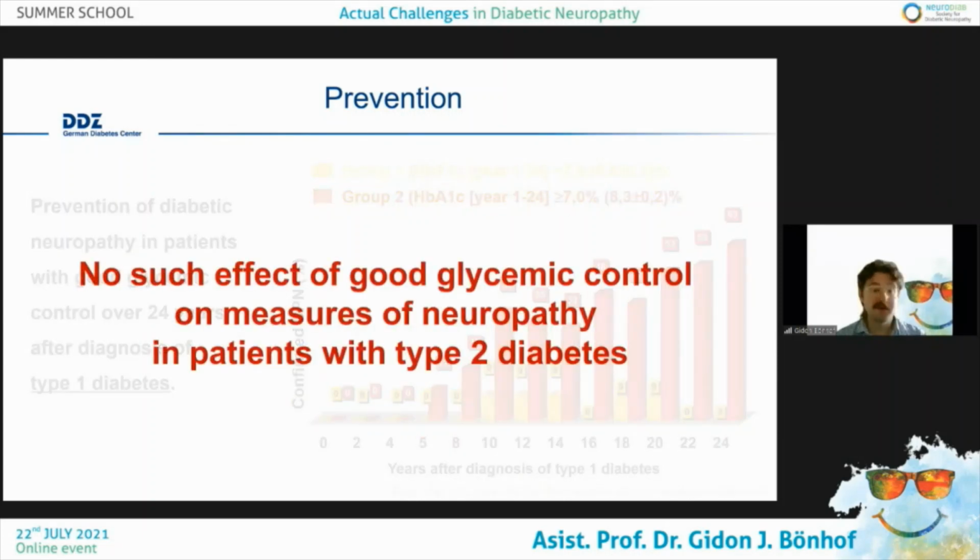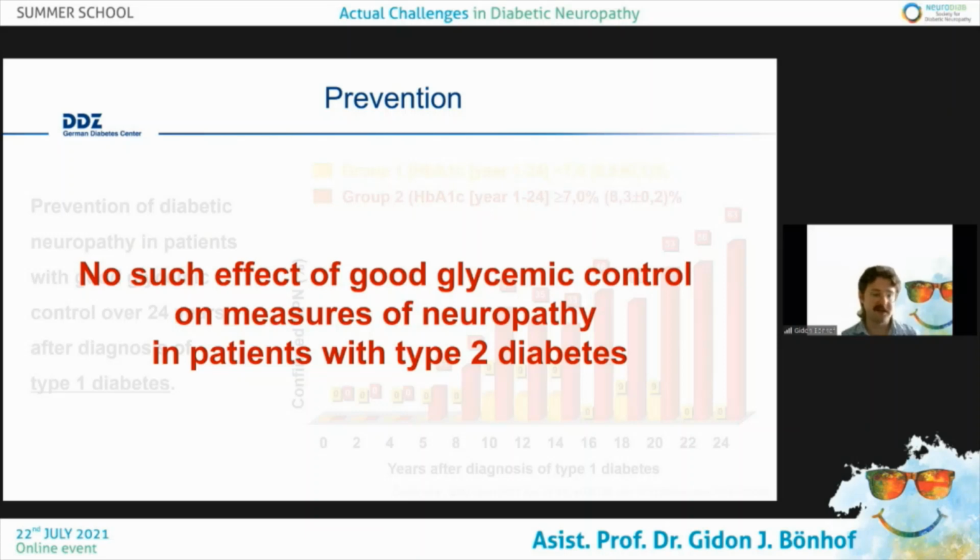Unfortunately, there are not enough good studies that demonstrated such effects in patients with type 2 diabetes. Nevertheless, I would remind patients with type 2 diabetes also to improve glycemic control and risk factors, because the studies that examined the effects of glycemic control on measures of neuropathy were not originally designed to study endpoints of diabetic neuropathy.